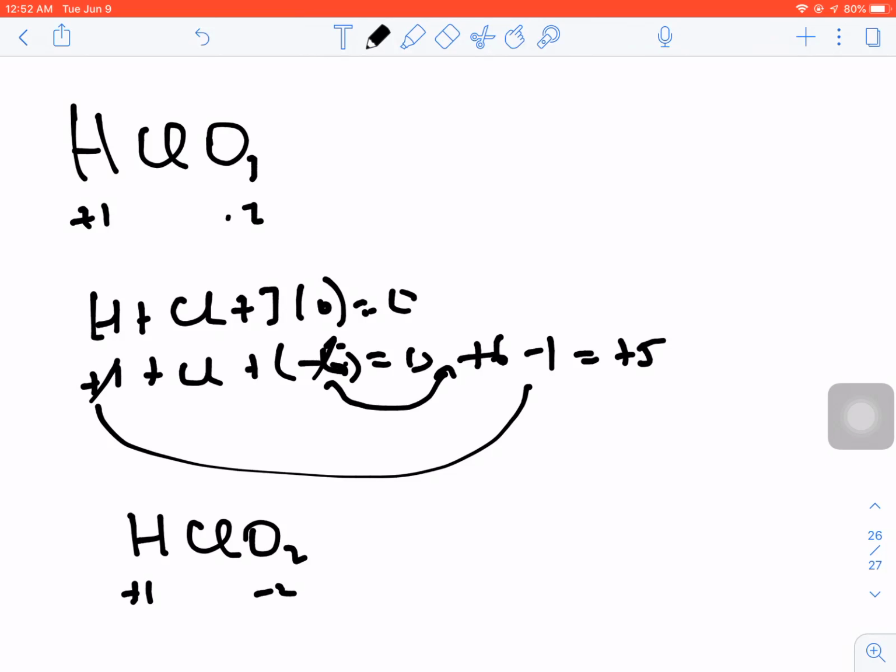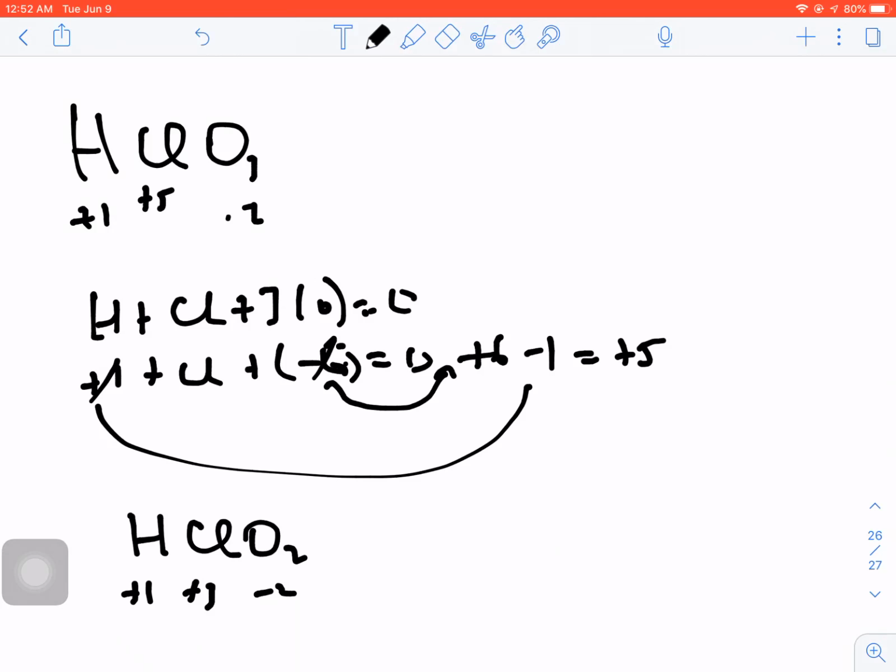So if I did the math, you can see the 2 negative 2s for the oxygen make negative 4, and I have a 1 plus, so I need 3 more pluses. So chlorine here is plus 3. Chlorine up here was plus 5. Down here, chlorine is plus 3. So it's not like they're always the same. Hydrogen will always be 1, and oxygen will always be minus 2.